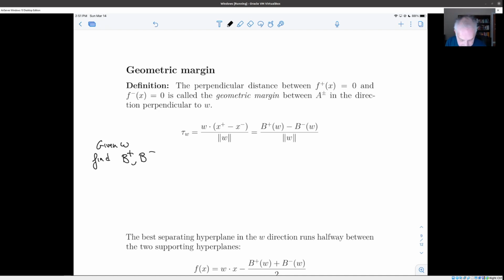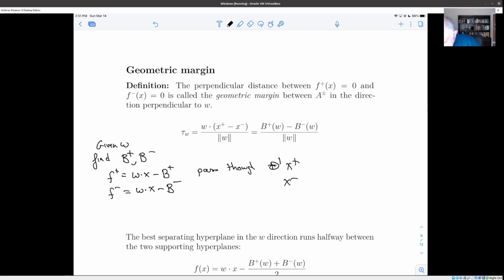And then we get these hyperplanes, f plus, which is W dot x minus b plus, and f minus, which is W dot x minus b minus, which pass through the supported points x plus and x minus.